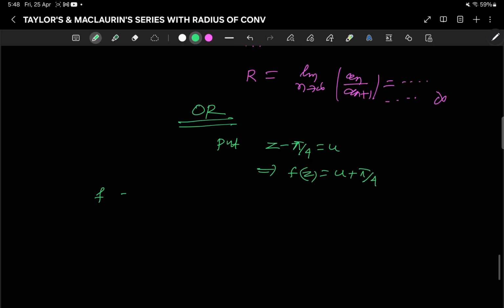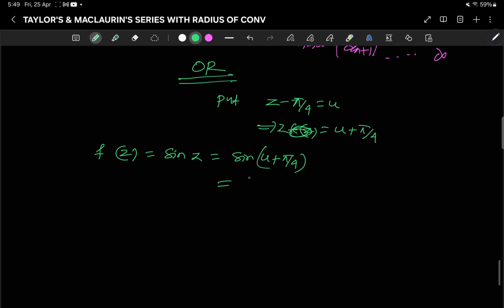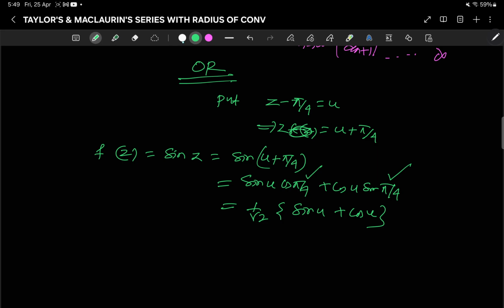So what is your f(z)? f(z) is equal to sin z, which is sin(u plus pi by 4). So now it is sin(a plus b), sin a cos b plus cos a sin b, so sin u cos pi by 4 plus cos u sin pi by 4. Okay. So sin pi by 4 and cos pi by 4, these are 1 by root 2. So 1 by root 2 times (sin u plus cos u). Right. You might have remembered the formula here.